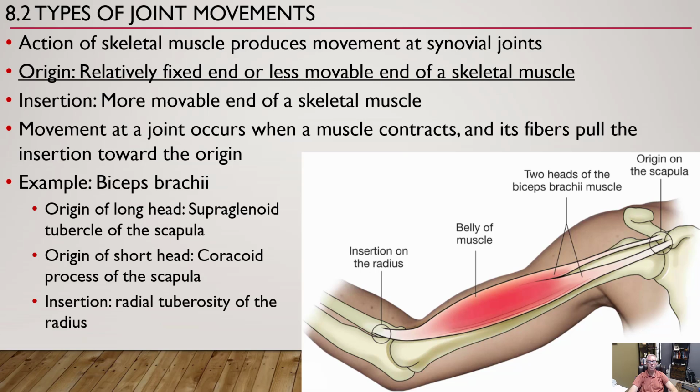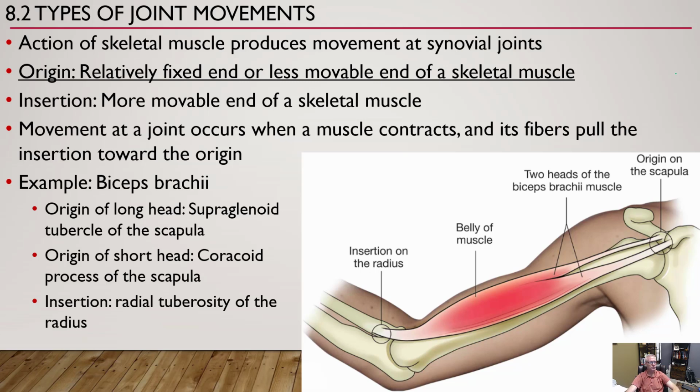All right, so types of movements. We know skeletal muscles produce movement at synovial joints. We have what's called an origin and an insertion. Every muscle, you know, we have 206 bones in the body. We have a lot of different muscles in the body. So each muscle has an origin and an insertion.